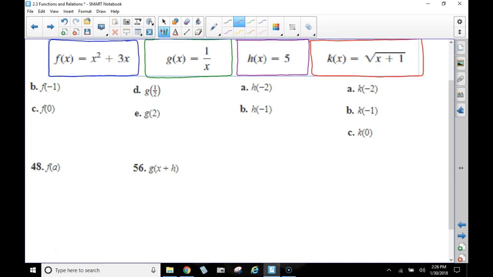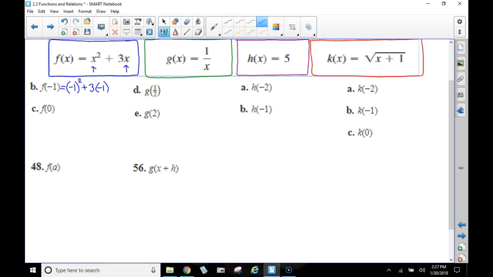I know these numbers are all kinds of messed up, but on part b, we want to go to our f function and evaluate it at -1. So f evaluated at -1 means go to your f function and where you had an x, replace that with a -1. So f evaluated at -1 is -1 squared plus 3 times -1.